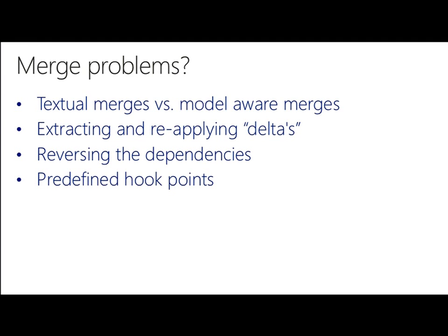How come I cannot have an on-the-side thing where I tell the system, I want to customize the customer table, and I expect it to have the following 3 fields, because that's the fields I'm going to use in my logic. Whether other things happen to the customer table, I don't care about. And I want to hook into this particular function, and I expect this function to have these 2 parameters. If a 3rd parameter is later added, I don't care, as long as my 2 parameters are there. And this is the functionality I want to add to the customer thing, without even touching the customer object itself.